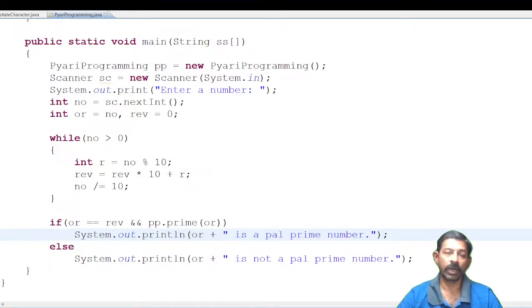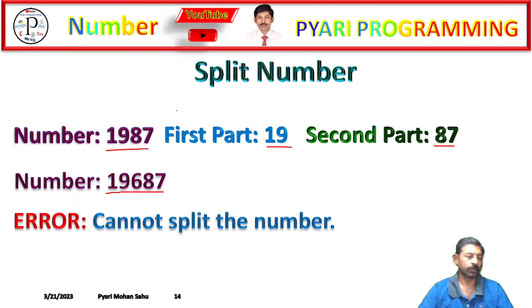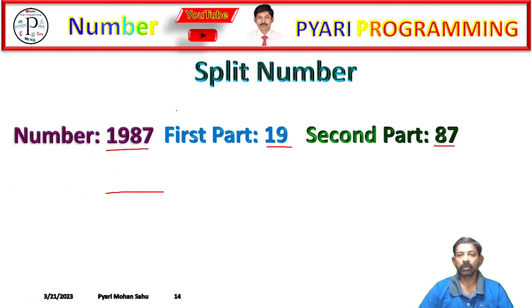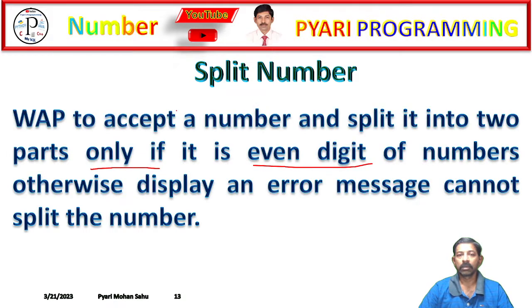That is most vital. Now suppose the user has given a number called 19678. Now 1, 2, 3, 4, 5. 5 digits are there. So I cannot split it into equal parts. So that's why cannot split the number. Now we have to get the error. So split number is in front of you.